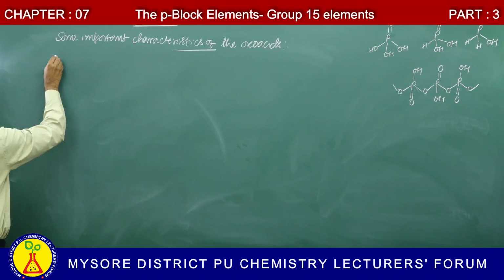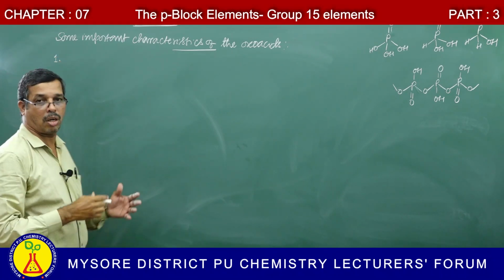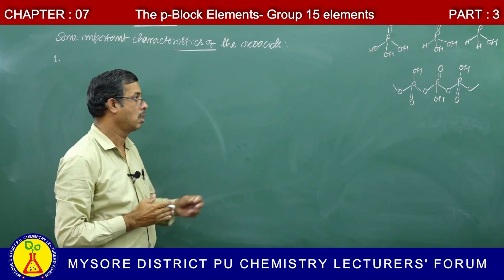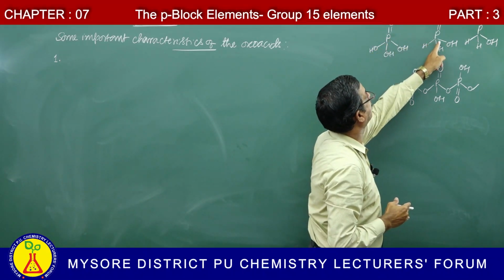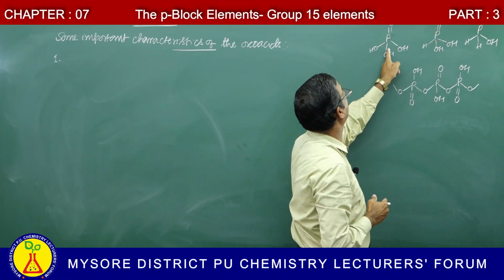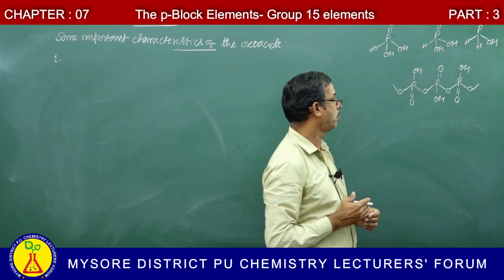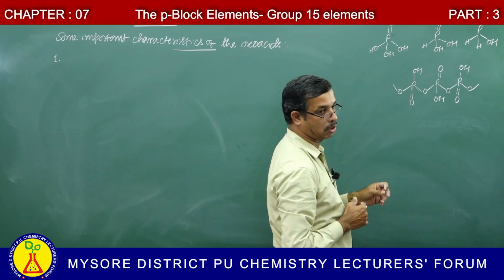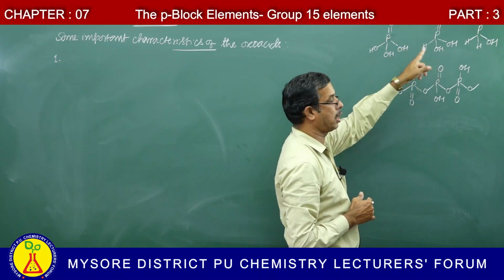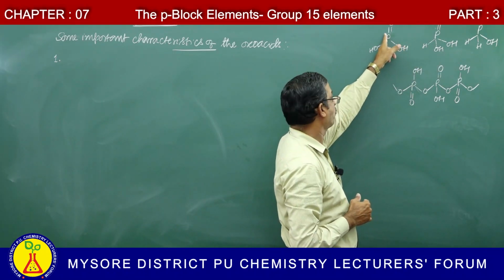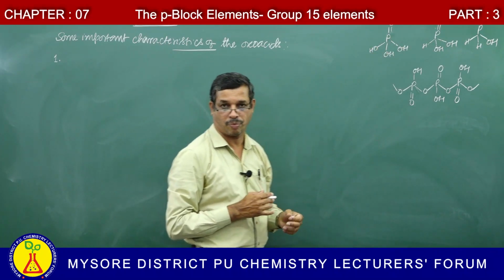First one, in all oxoacids, the phosphorus atom is tetrahedrally surrounded by 4 other atoms. Look at the structures. In all these structures, the phosphorus atom is surrounded by 4 other atoms. Okay?